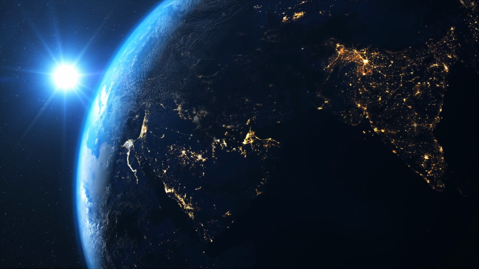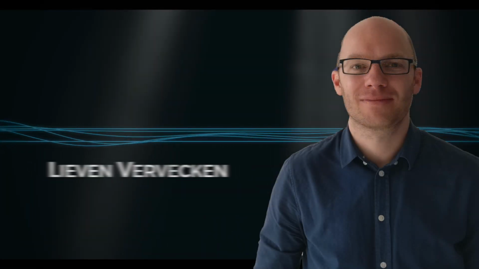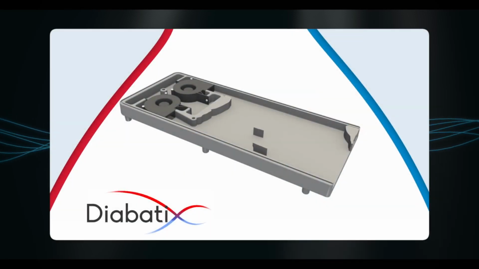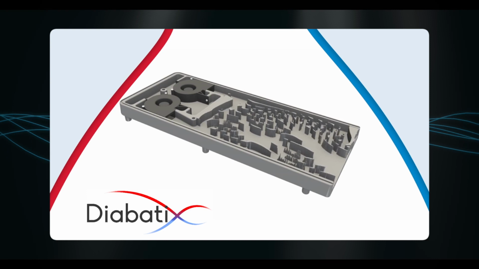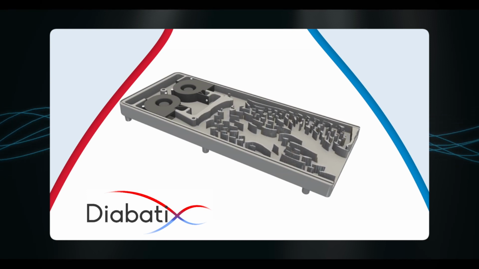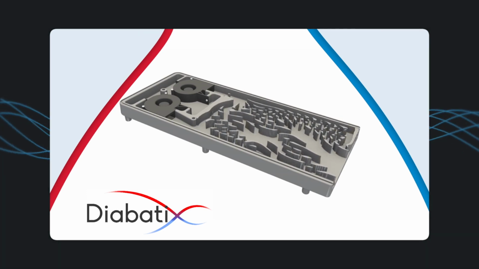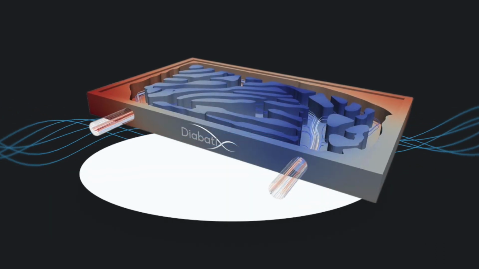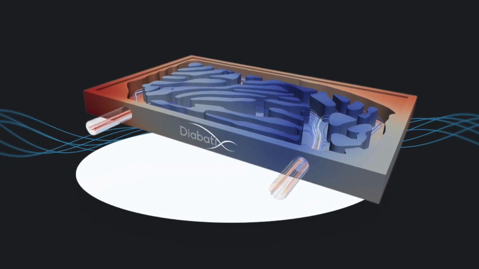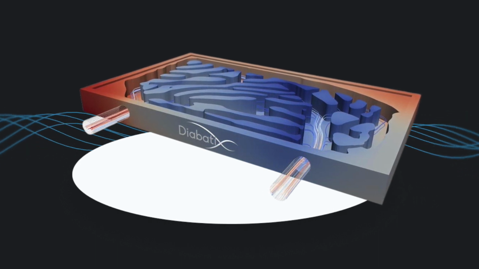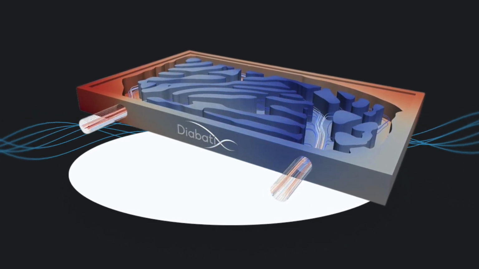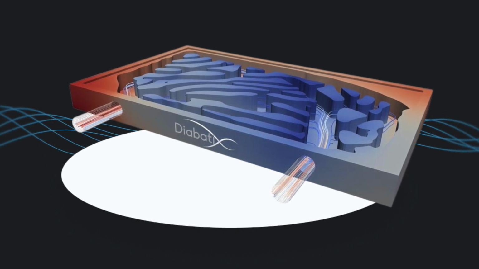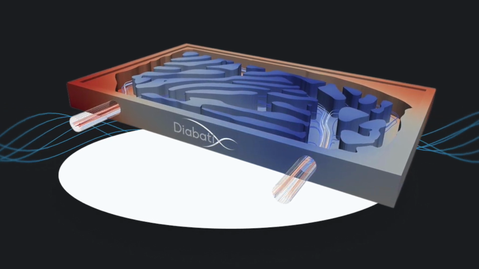For this episode, I'm very excited to welcome Lieven Vervecken, CEO and initiator of Diabatix, to my show. Diabatix is mixing AI and machine learning with generative design, optimization and traditional CFD methods to design a new breed of AI-driven heatsink designs. In this podcast, Lieven and I talk about pain points in thermal heatsink design that are solved using the tool Coldstream 2 to effortlessly perform thermal analysis, heatsink selection, and generative design in one powerful platform.